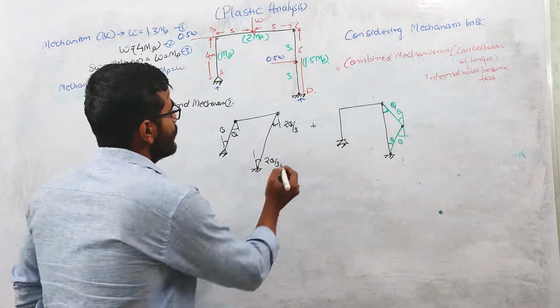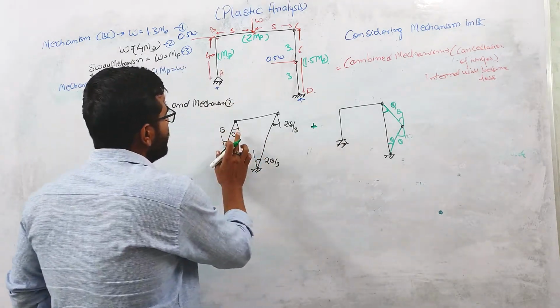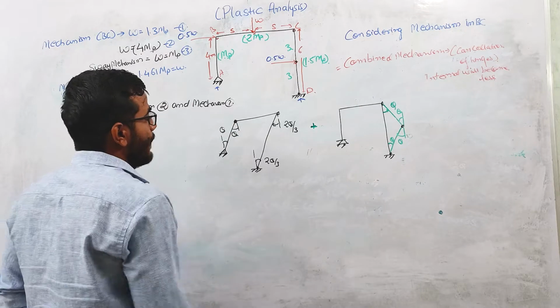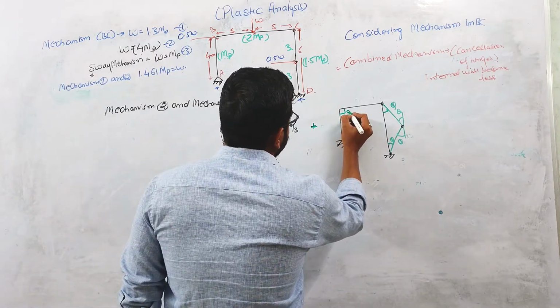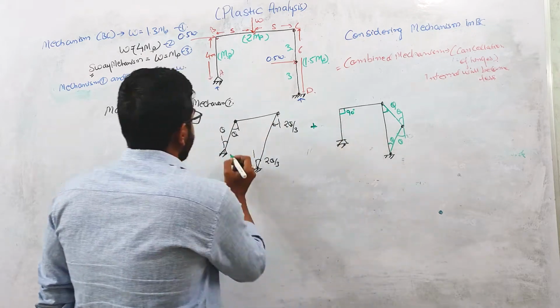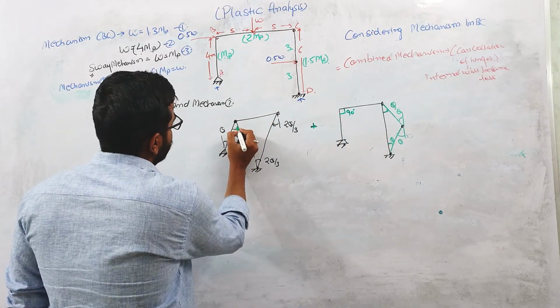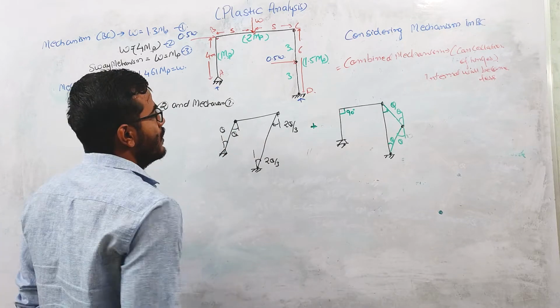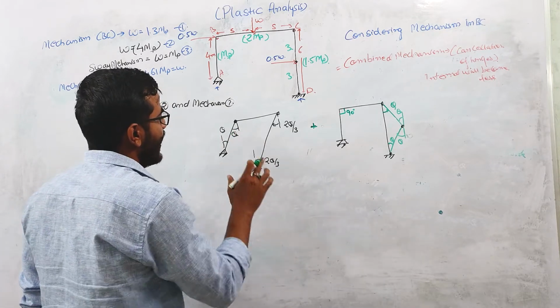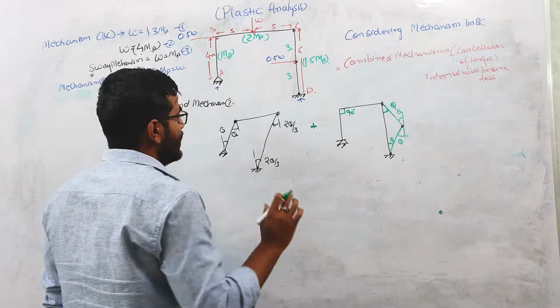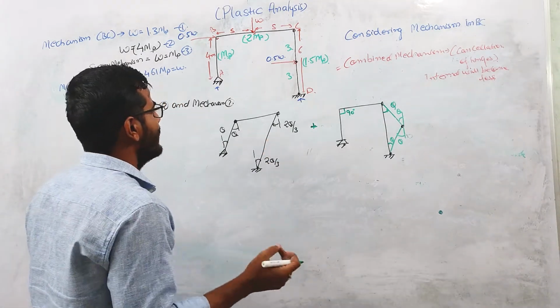If you combine these two mechanisms, first we will see this B point. In this mechanism the angle between the members is 90 degrees, and at this point it is rotated by theta. So, net rotation at this point, if you combine these two things, the angle between the members will be more than 90 degrees.